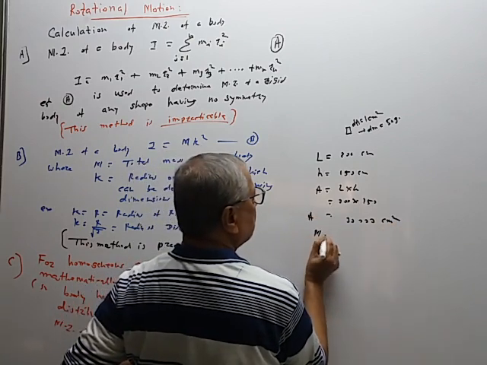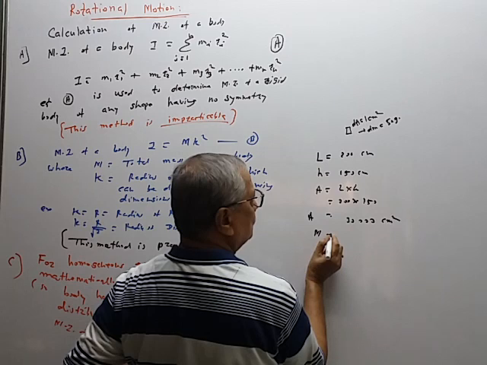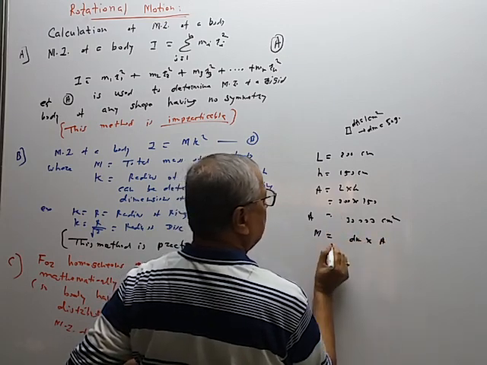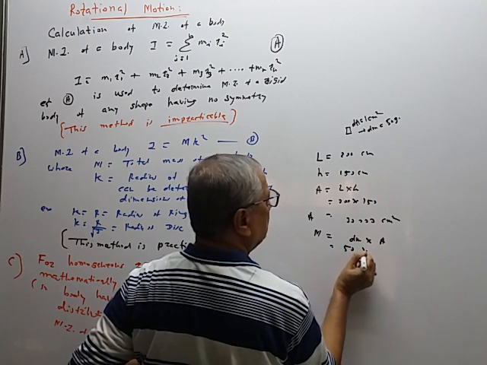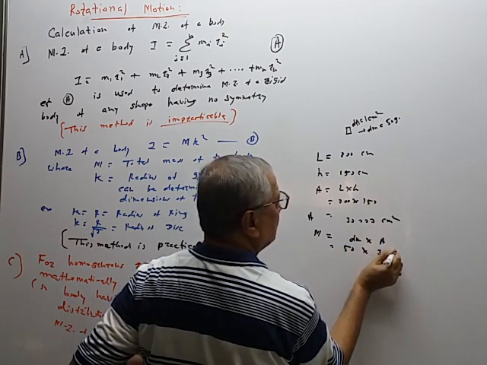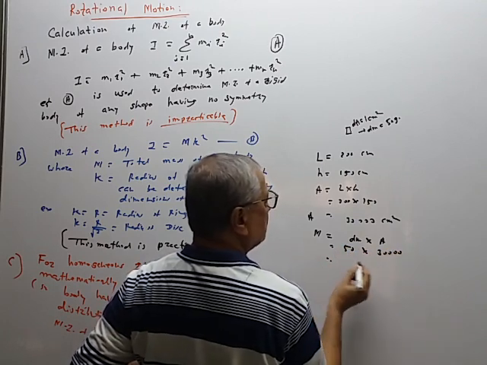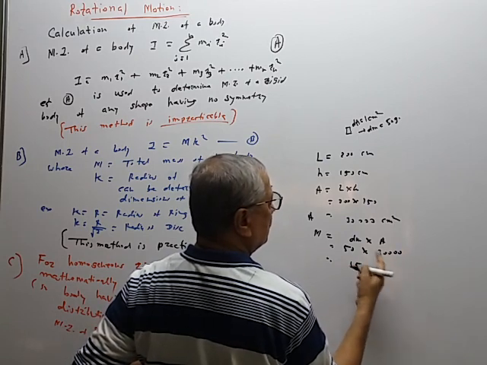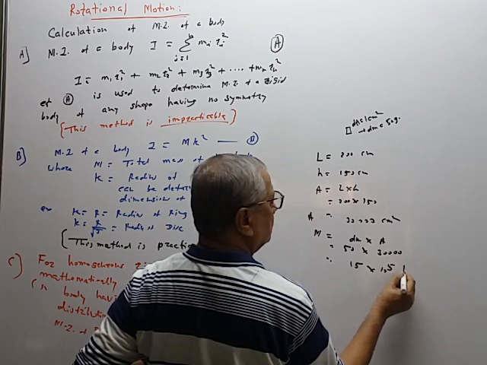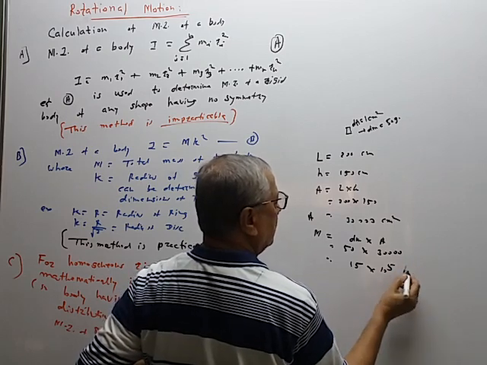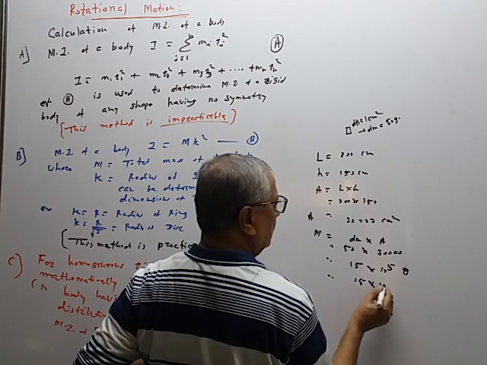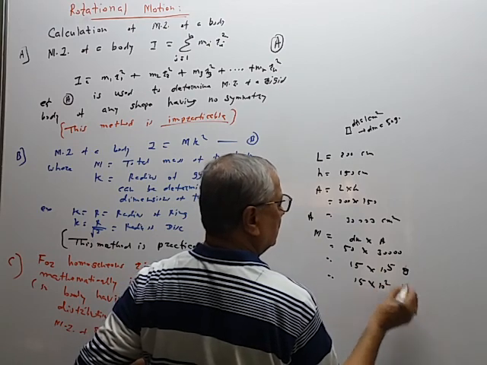The total mass of the blackboard will be equal to dm, mass of the unit area, multiplied by area. So 50 gram multiplied by 30,000 centimeter square. So this is equal to 15 into 10 to the 5 gram, or 15 into 10 to the 2 kilogram, like this.